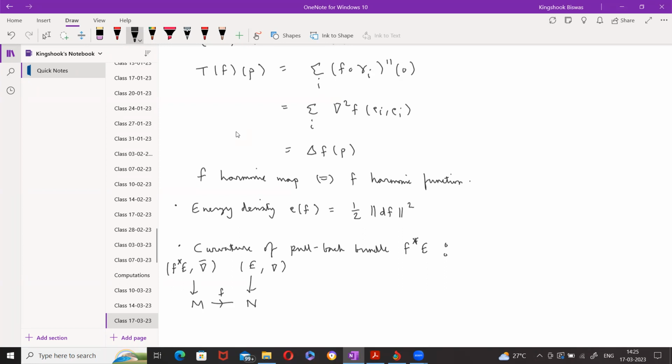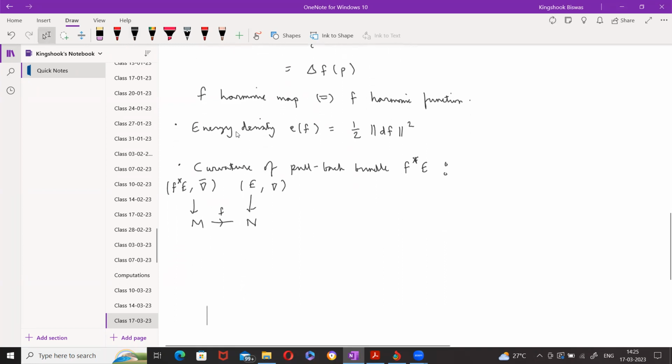We've talked about the pullback connection. We used it to define the second fundamental form, right? Yes, sir. So we want to compute the curvature of this pullback bundle.